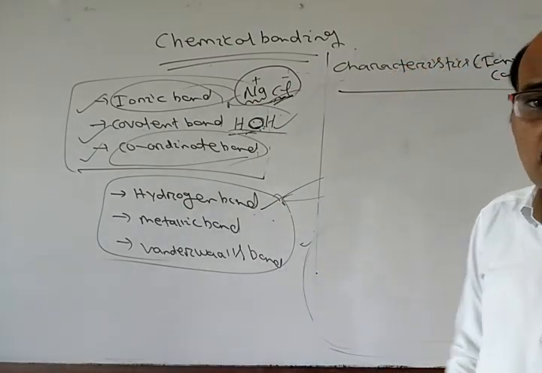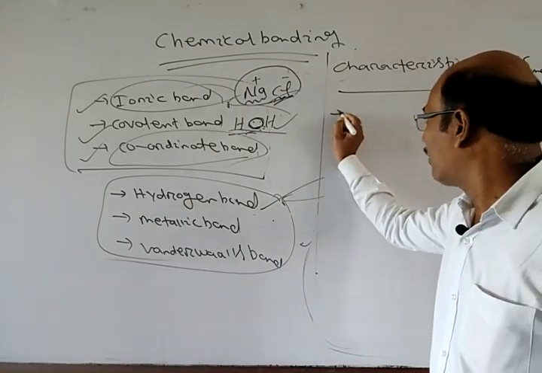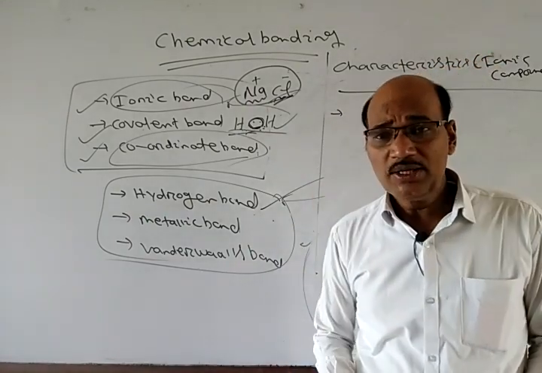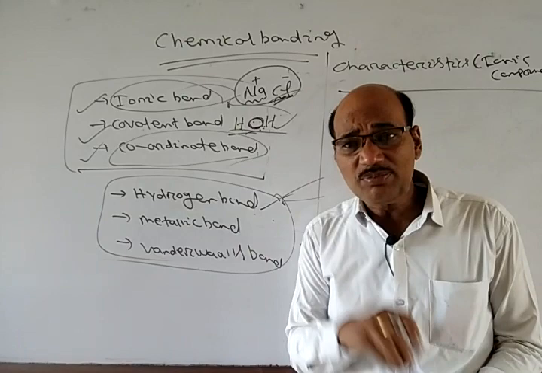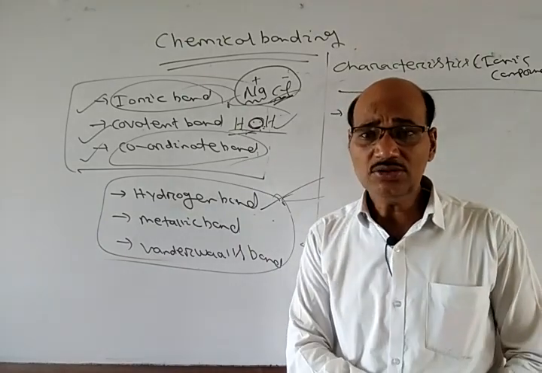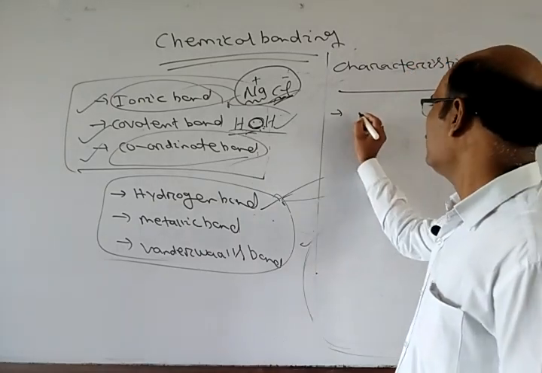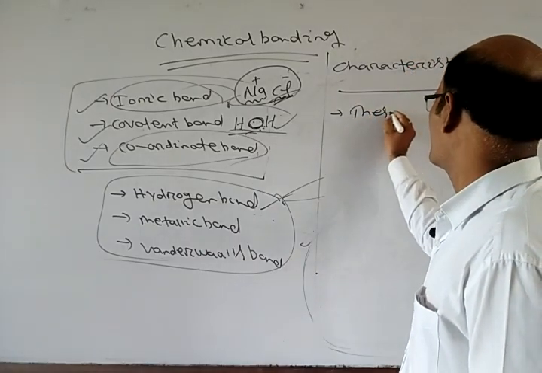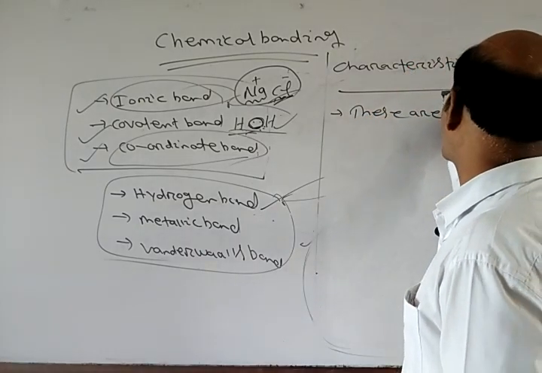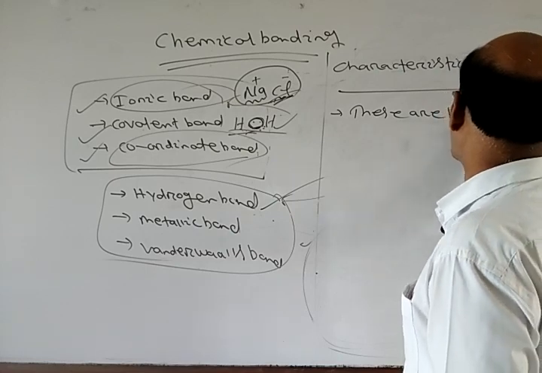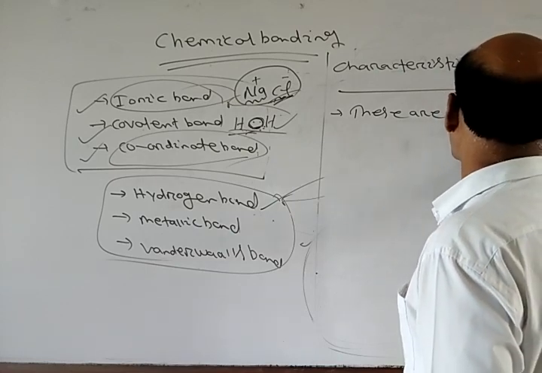Because in the ionic compound we have a strong electrostatic force of attraction between the ions, normally the ionic compounds are strong. They are hard, rigid.